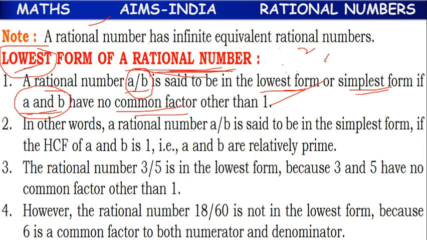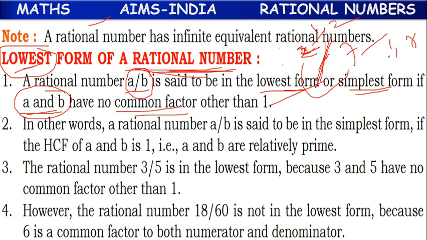Suppose I have 2 by 7, numerator 2, denominator 7. Are they co-primes? 2 is divisible by 1, 2. 7 is divisible by 1, 7. What is the common factor?